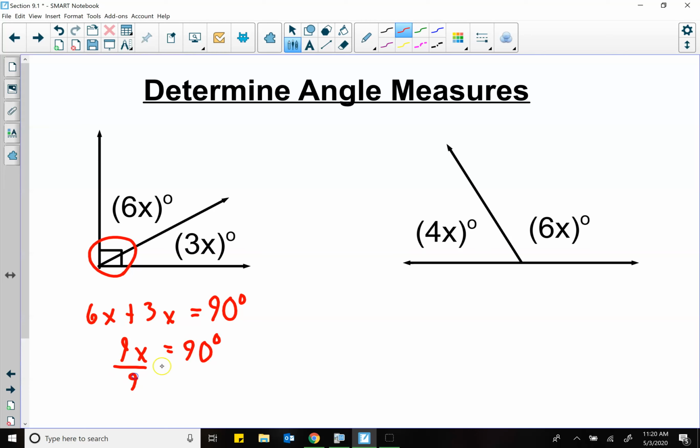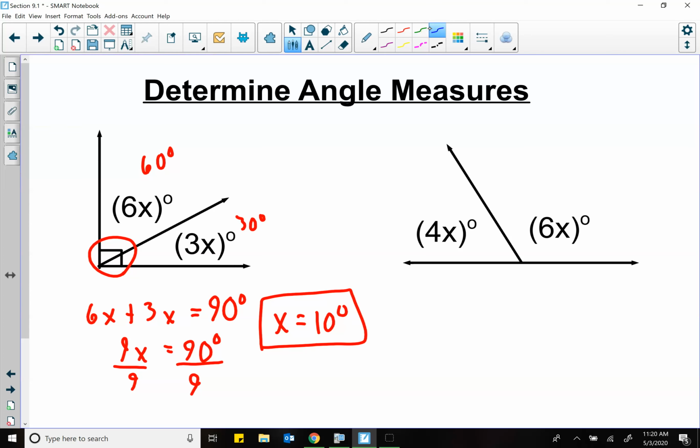Divide by 9, divide by 9, and you find out that x is equal to 10 degrees. They may want you to plug back in, and that's not that hard. 6 times 10 is 60 degrees, 3 times 10 is 30 degrees. There are my angles, and that verifies these add to 90, because 60 plus 30 is 90.